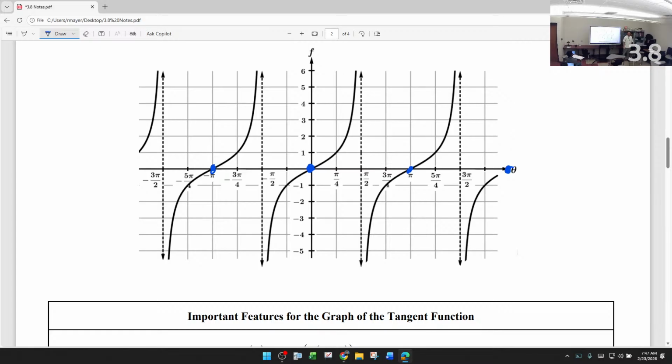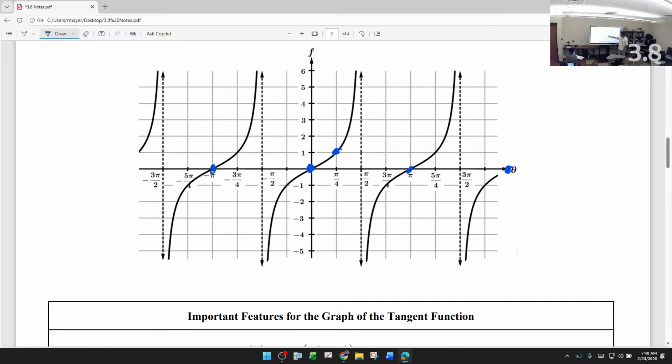Now, the 45s or the pi over 4s. Pi over 4 is when sine and cosine are the exact same thing, and so that's why it's a 1 at pi over 4.